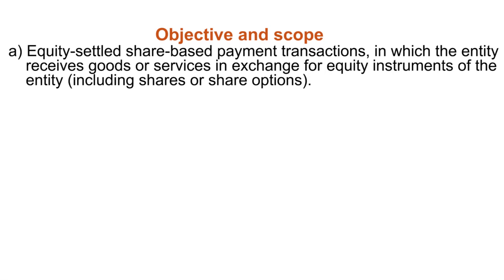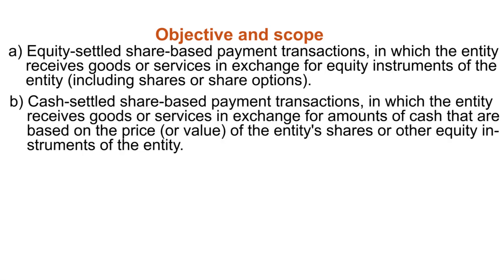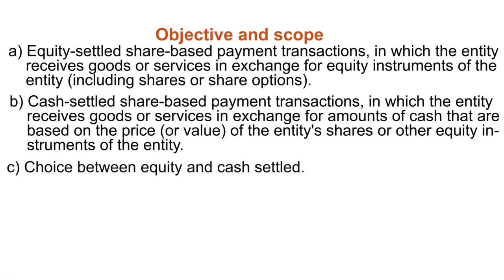Equity settled share-based payment transaction is one in which the entity receives goods and services in exchange for equity instruments of the entity, that is shares. While cash settled share-based payment transaction is one in which the entity receives goods or services in exchange for amounts of cash that are based on the price of the entity's shares or other equity instruments. And then there is also a choice between equity and cash settled.